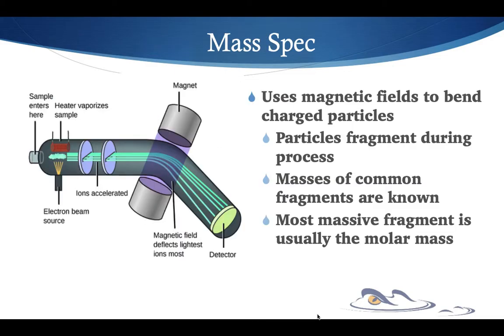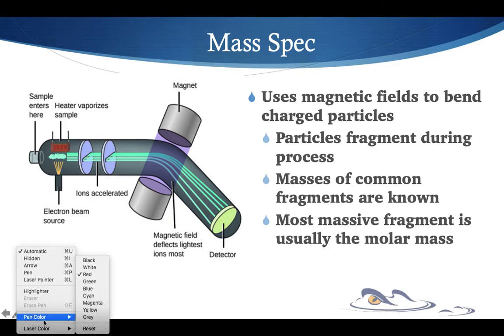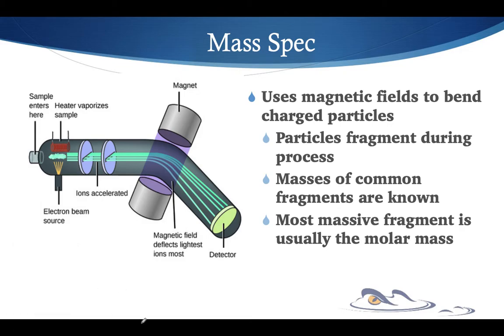So mass spectroscopy, or mass spec as they sometimes call it, starts out with a machine that takes the molecules that are put inside of there and ionizes them.